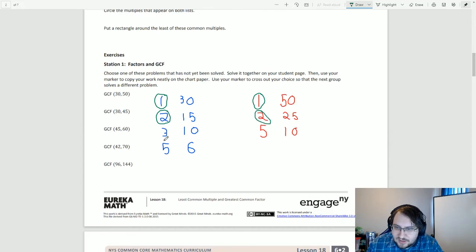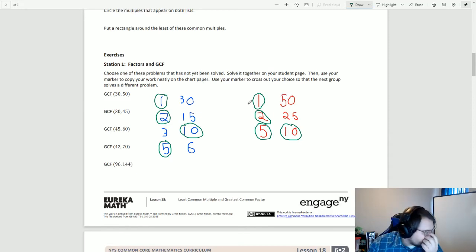Oh, 3's not on both lists, but 5 is on both lists. 6 isn't on both lists, but 10 is on both lists. 15 isn't on both. 25 isn't on both. 30 isn't on both. And 50 isn't on both.